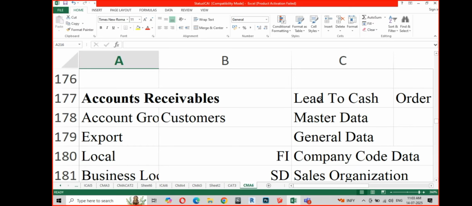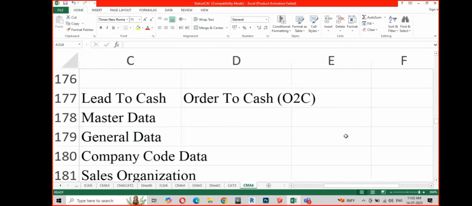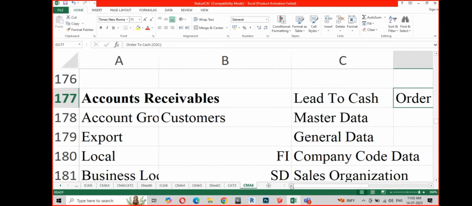Earlier, for accounts payable, in ECC it was called P2P, procure to pay or purchase to pay, and in the HANA environment it is called source to pay.